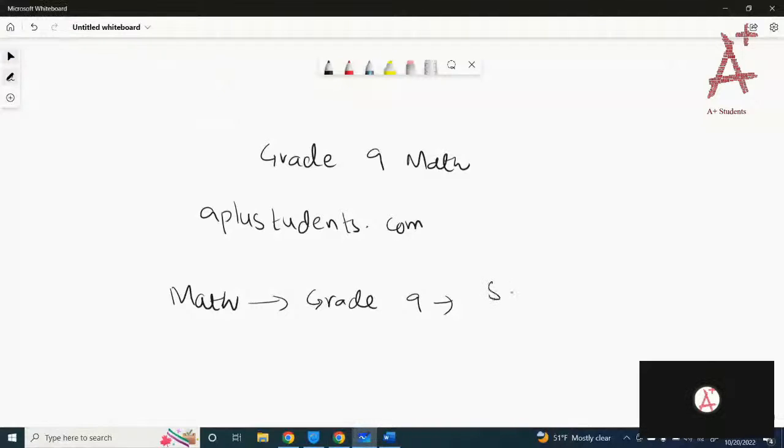Let's start with the chapter, statistics. And we are going to start with a topic that is variance and standard deviation.